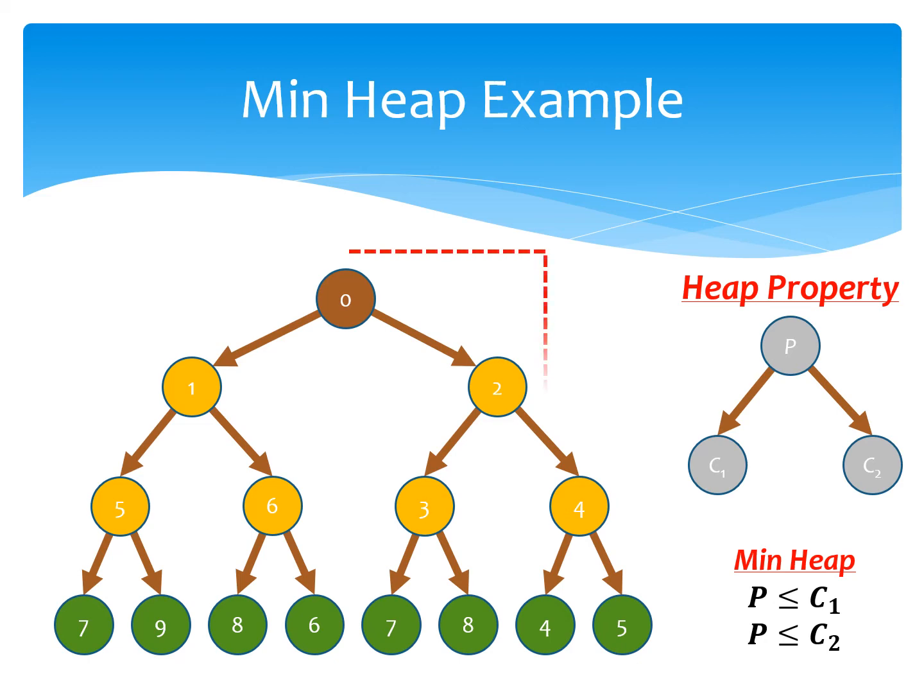For instance, as you can see, the key stored in the root node is 0, which is less than or equal to that of its left child node, 1, and the right child node, 2. The heap property applies to the entire tree.